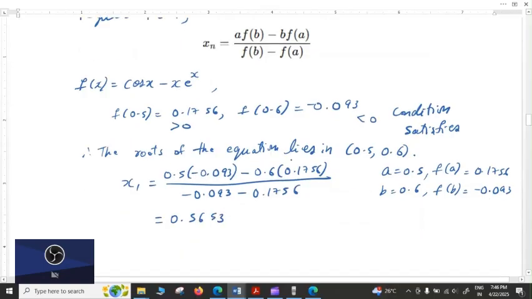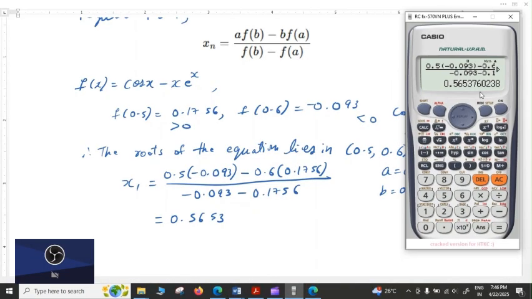Okay, this value we substitute again in the calculator, and we try to find what we get for 0.565. Okay, just go to the calculator. Here we take cos x minus x into e to the power x. This is how we have to calculate.